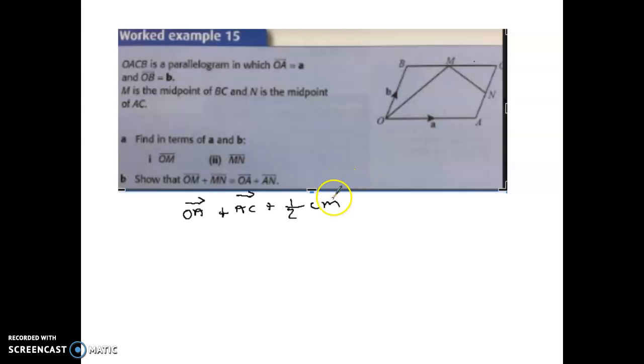So instead of adding 1/2 CM, we're going to subtract 1/2 CM. This is letter A. You have that confusing numbering system. So let's go ahead and figure this out. OA is just small a plus B minus 1/2 of A. So our solution is going to be B plus 1/2 A.